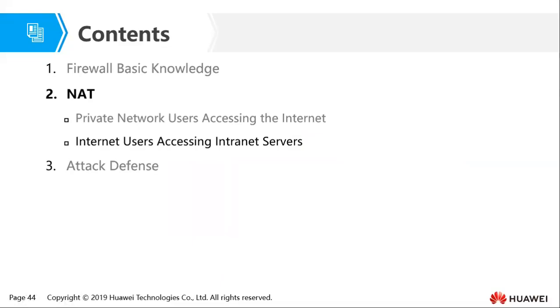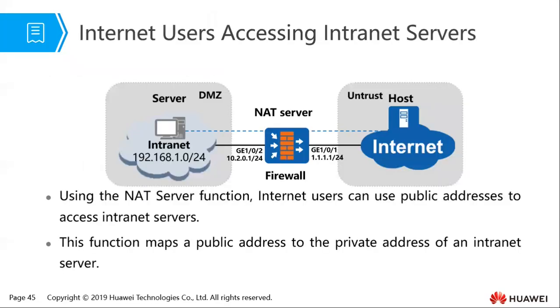So we've seen how private network users can access the internet. Now we want to see the other direction: how can internet users access our intranet servers? We say our intranet servers that are supposed to be accessed from the internet are put in the DMZ. So we want to see how that can be achieved.